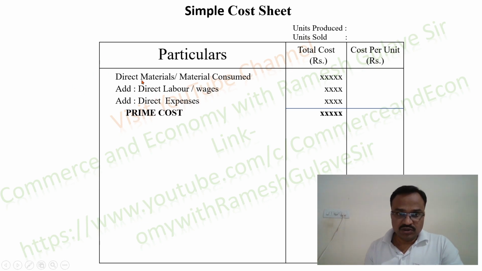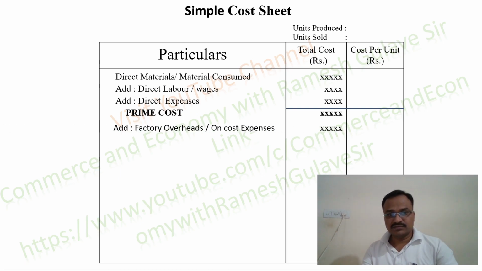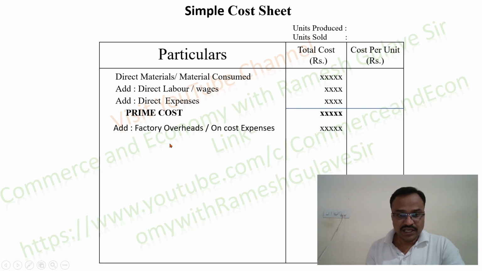So the total of direct material, direct labor, and direct expenses is prime cost basically. Then when we add factory overheads or on cost expenses into this, here you can see that factory overheads are also known as on cost expenses.